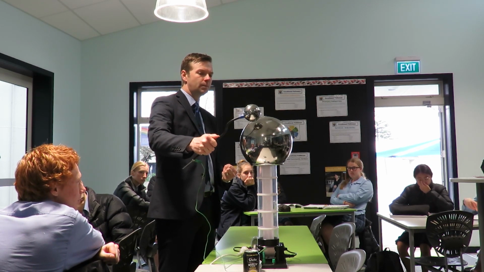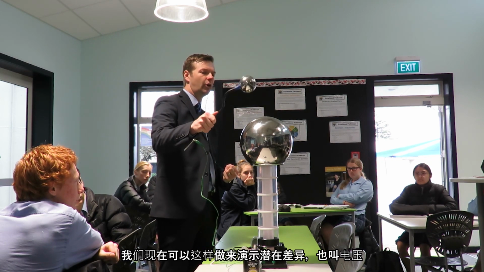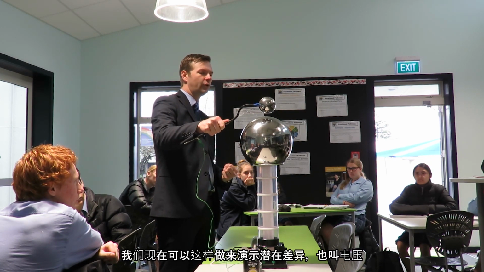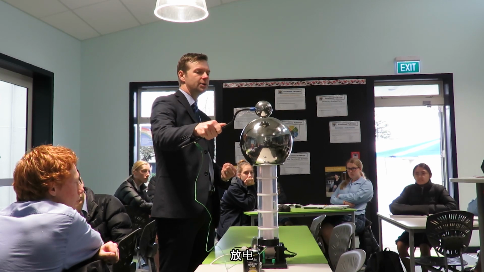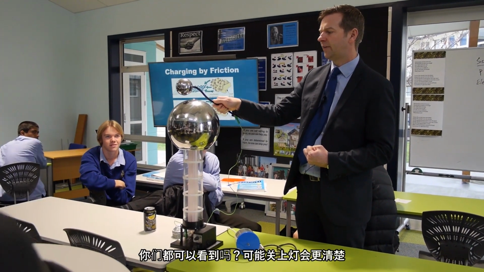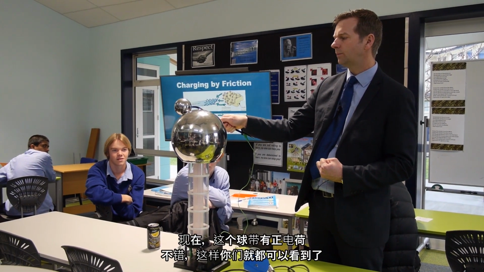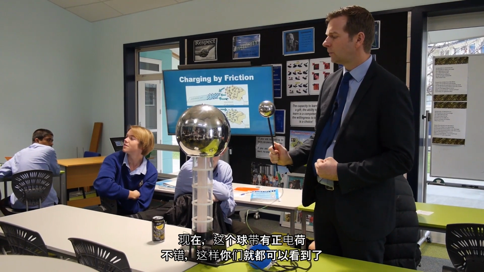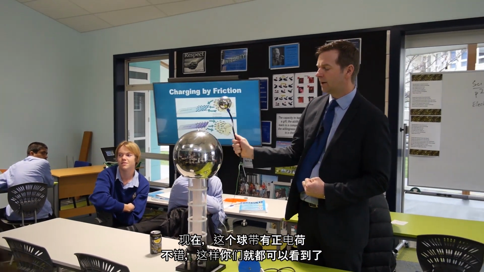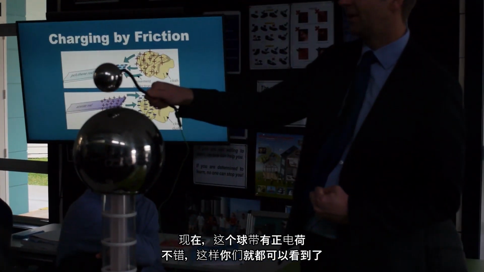We could demonstrate what's called a potential difference, which is also known as voltage, by discharging it. Right now I'm discharging. You can all see that. Probably helps if we have the lights off, actually. Right now it's becoming positively charged. Okay, hold on. All right, so we can see that.